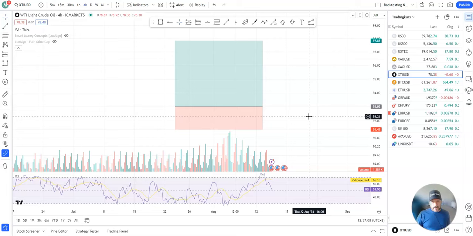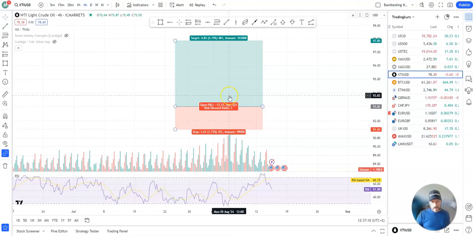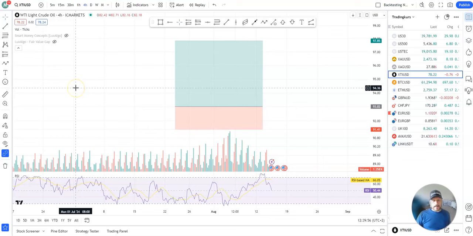When I do a trade, I always look to risk a 1% loss and I aim for 3% profit. As you can see here, we have a risk to reward ratio of 3. So let's take a look at what that means in more detail.